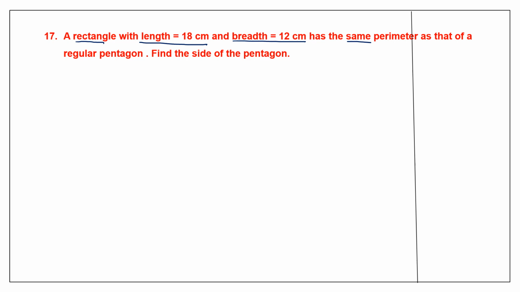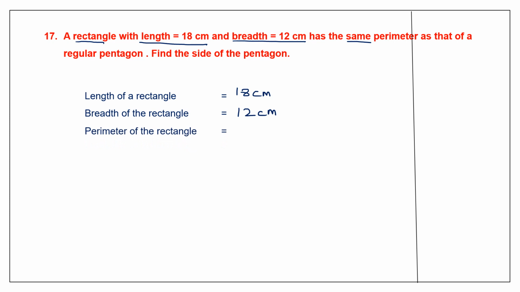So let's begin to find the perimeter of the rectangle first. The length of the rectangle is 18 centimeters. The breadth is 12 centimeters. Perimeter, the formula is 2 into length plus breadth, which is 2 into 18 plus 12.